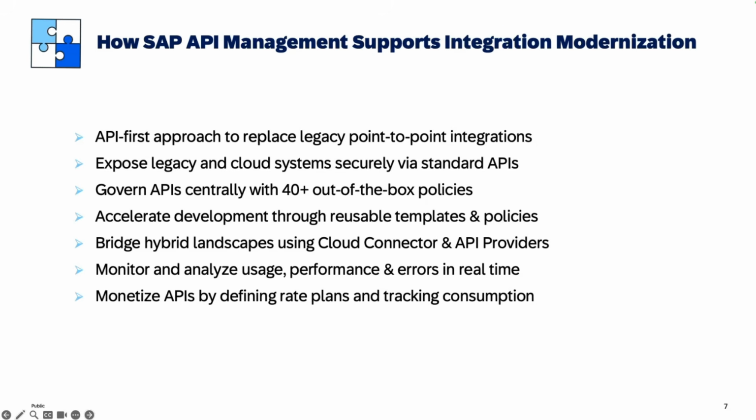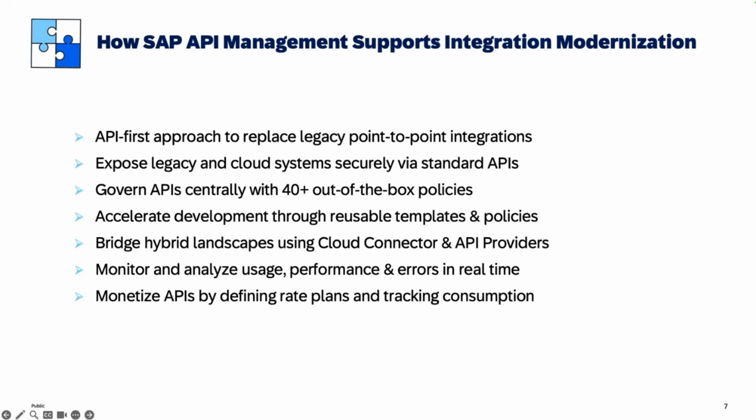It bridges the gap between legacy and modern systems by exposing backend services, whether on-premise or in the cloud, as secure, consumable APIs. At the same time, it empowers developers to innovate faster using templates, policy reuse, and the central API catalog.